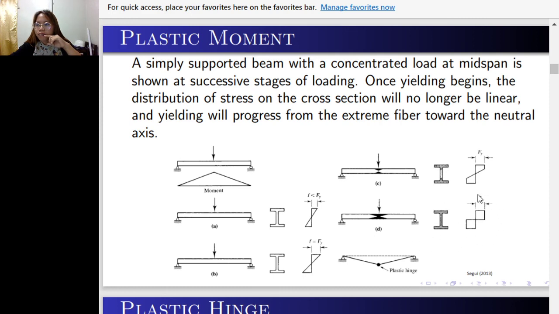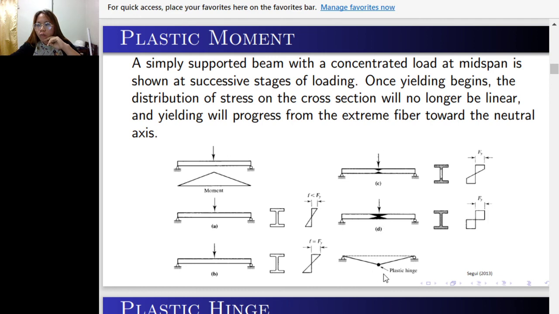Then the member is in the plastic moment na siya, no, after the yield stress or yield point. The beam is in the plastic range, or the beam will encounter plastic movement.